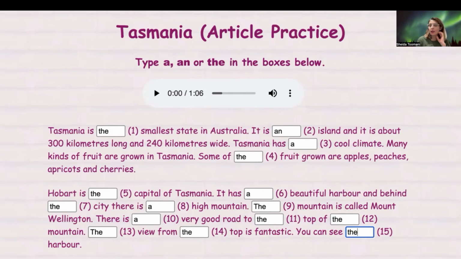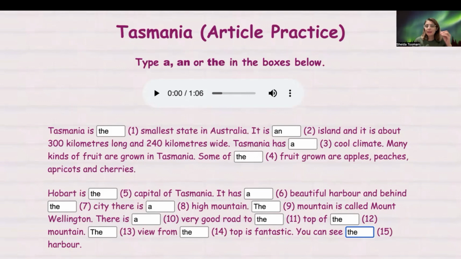Okay? So this is how we decide a, an, or the before a noun or a noun group. Again, remember, I'm talking about nouns, general nouns, not names. And if that noun or noun group is introduced for the first time, it is not familiar, it is not known, it is not recognized by both parties. And by parties, I mean listener and speaker, reader and writer, both of them.